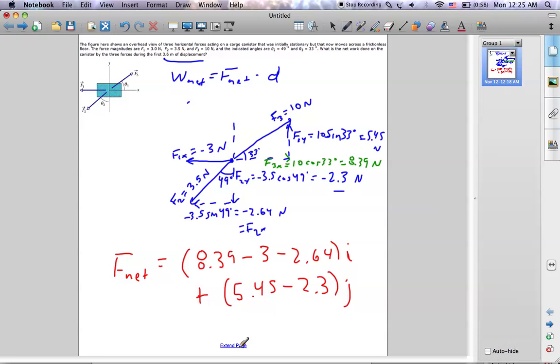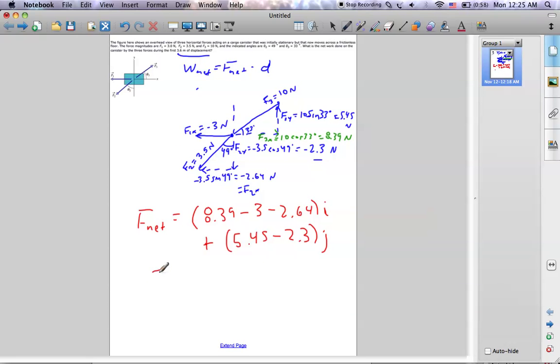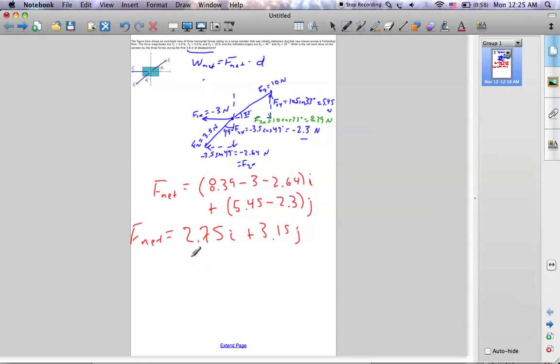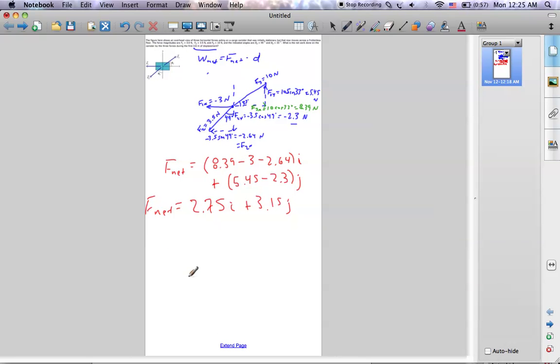So this equals 2.75 i plus 3.15 j, F net, and we can find the magnitude of this force.